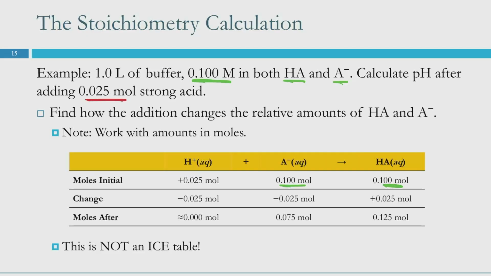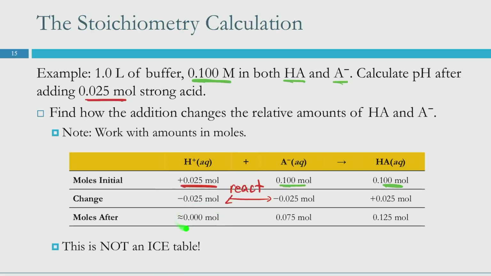And we added in 0.025 moles of H+. The H+ that we just added is going to react with our A-. They're going to get used up at the same ratio. So our H+ and our A- react. They both lose 0.025 moles, and they produce 0.025 moles of HA.